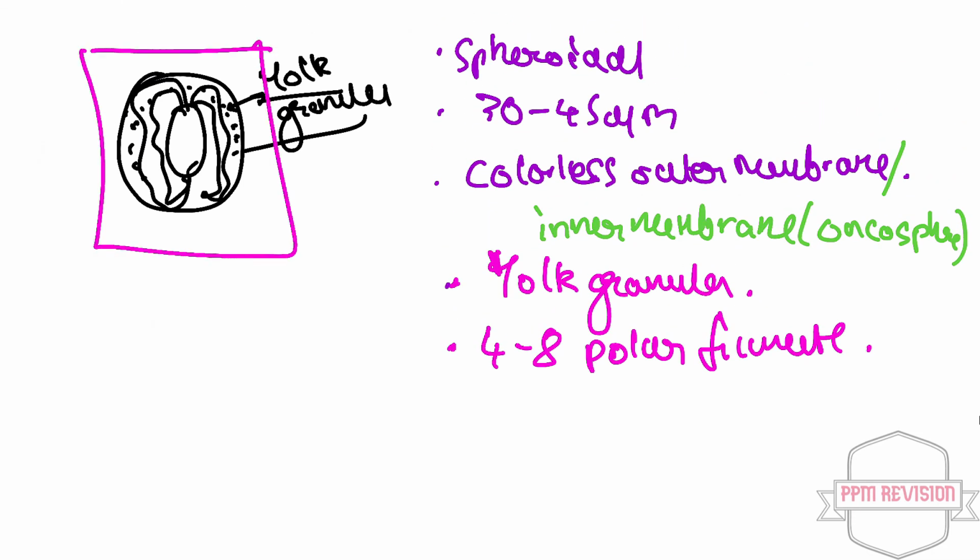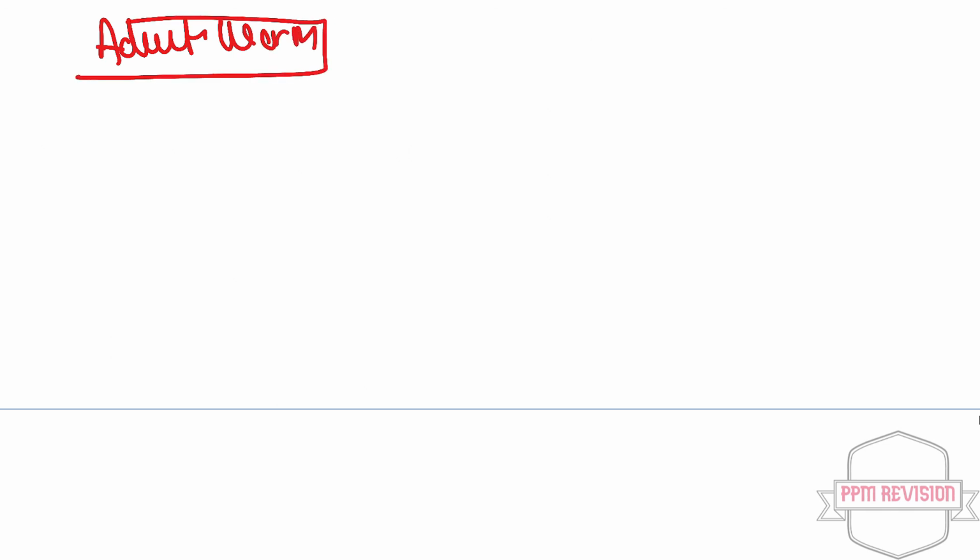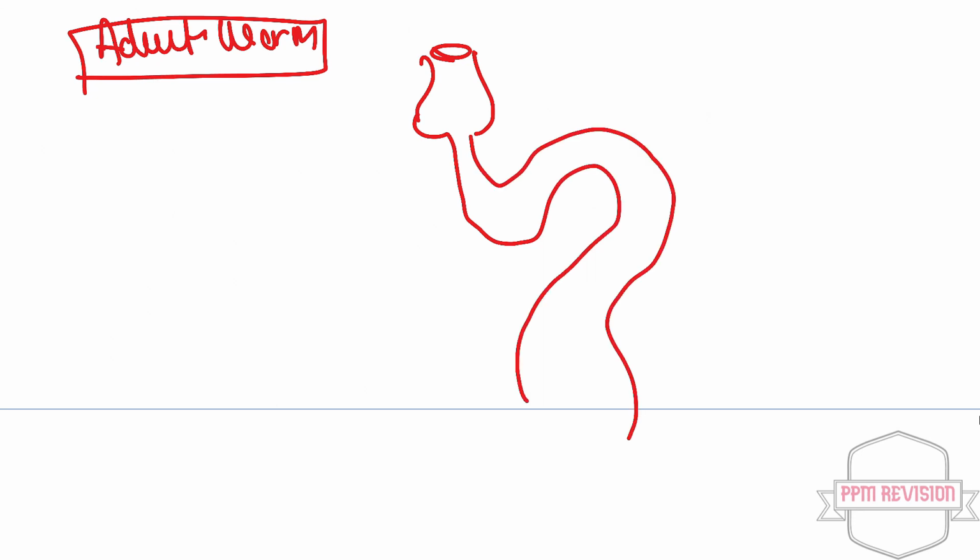Now we'll be moving on to the adult worm. Looking at the adult worm, this is the structure. Here we have suckers. Here there is a single row of hooklets.